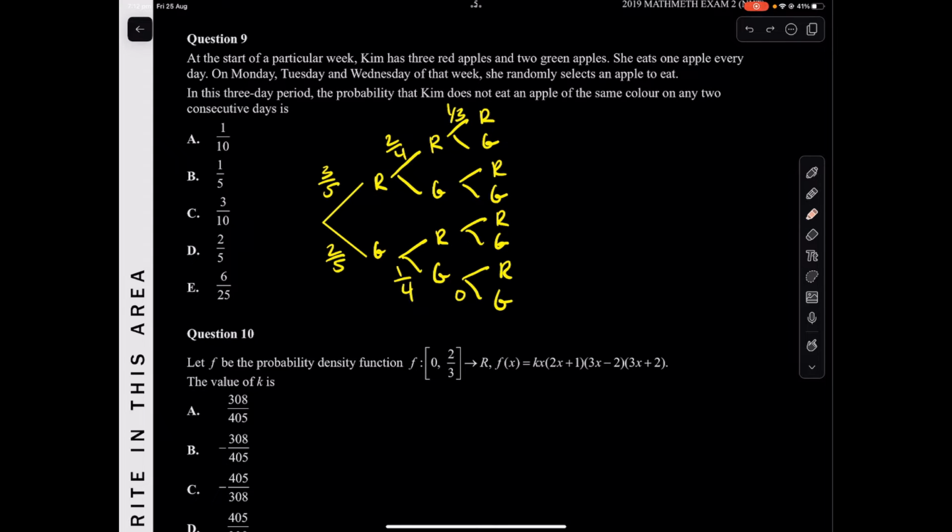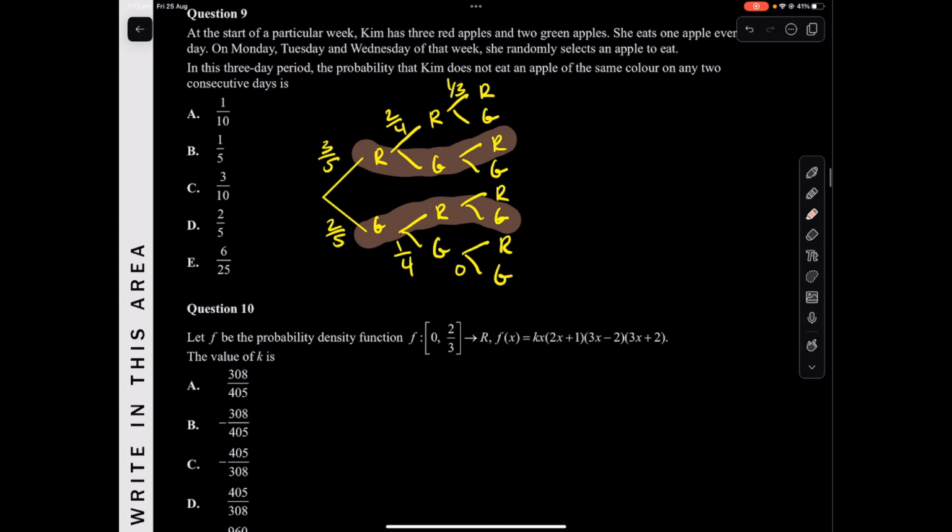So this one's good, RGR, because they are split. What else? So nothing else. So GRR, nope. GRG, yep. GRG, they're split. And the other ones all have consecutive days. Okay. So we want to find pretty much the probability of these 2 and add them together.